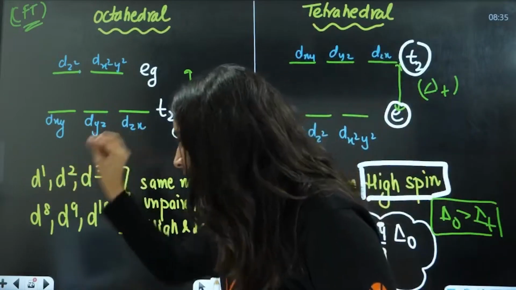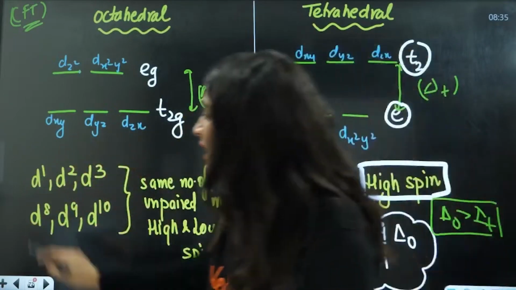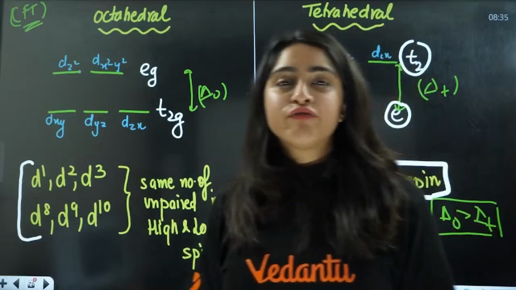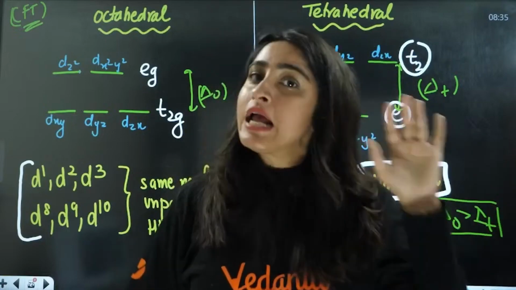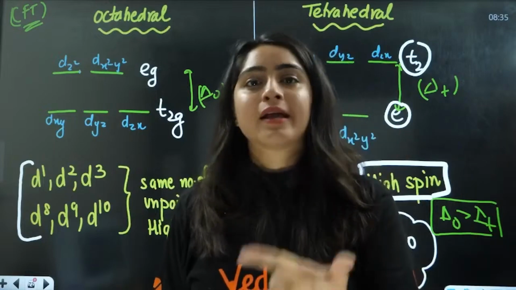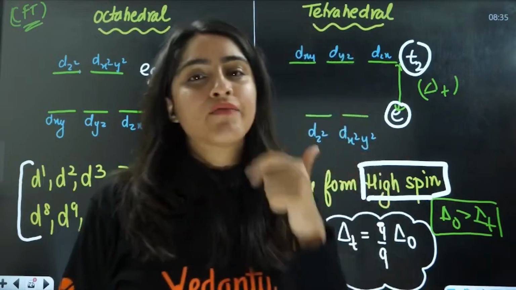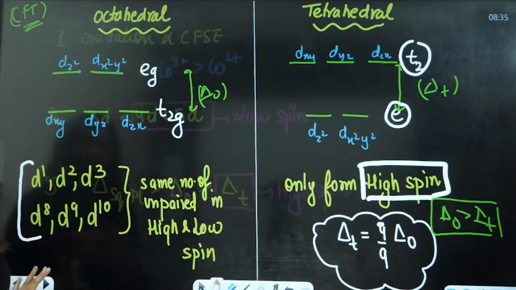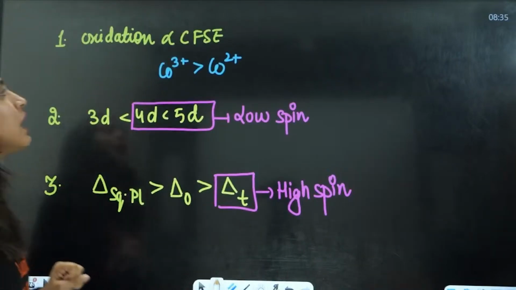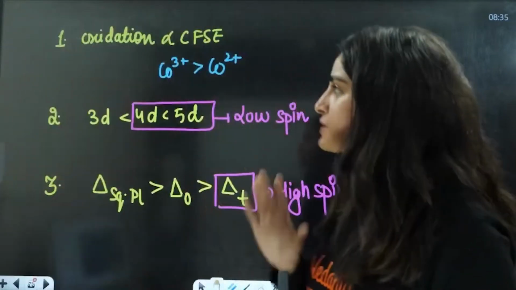For d1, d2, d3, d8, d9, d10, these 6 configurations will have the same number of unpaired electrons, whether low spin or high spin.